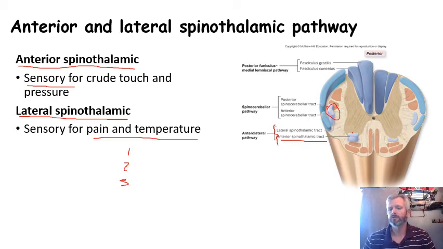So these axons are going to be projecting up to the brain, to get us to the right place. In this case, since we're looking at somatosensory information, sensory information, we're going to bring the information up to the somatosensory cortex.